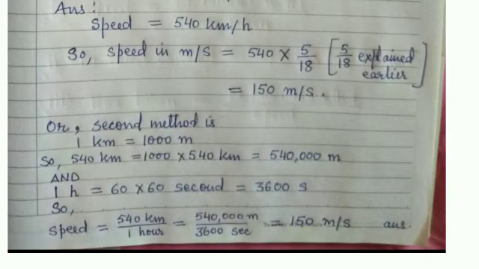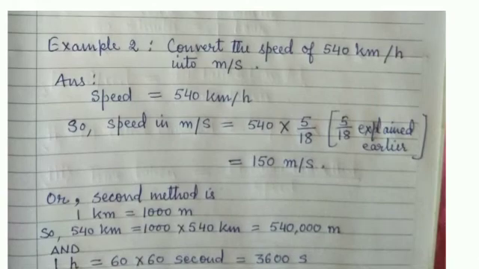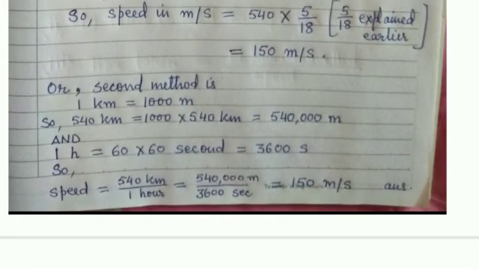And 1 hour is equal to 60 into 60 seconds, because our question is asking to change the speed from kilometer per hour into meter per second. So we are changing it. 1 hour is equal to 60 into 60 seconds, 3600 seconds.